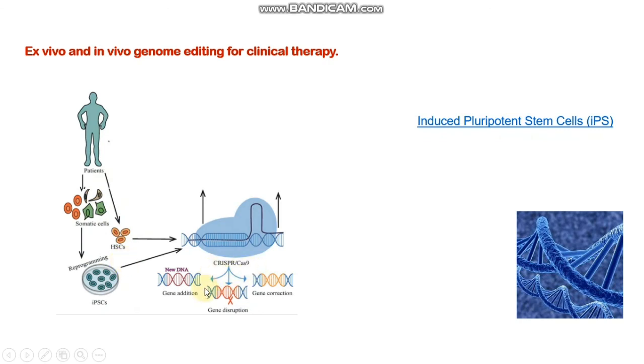The CRISPR-Cas9 contains different kinds of systems, like gene addition, gene deletion, or gene correction. So it contains different systems, and then the cells are reprogrammed.